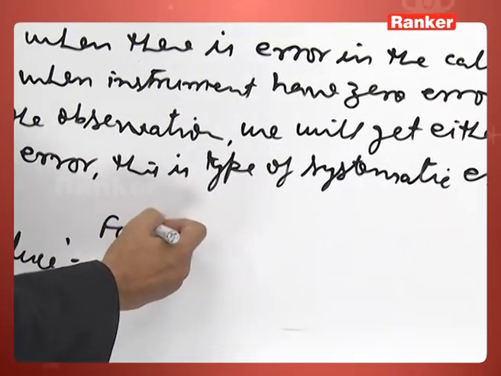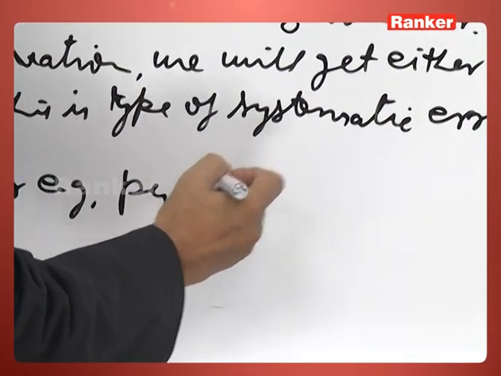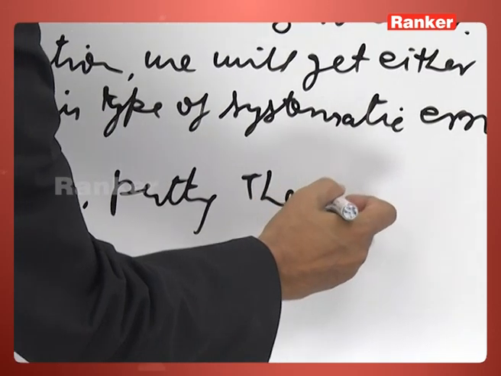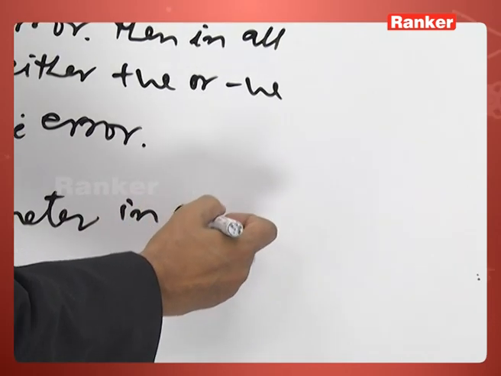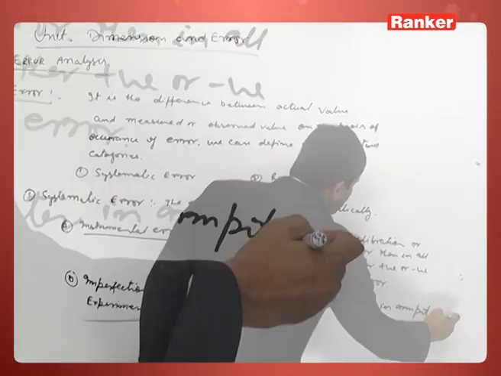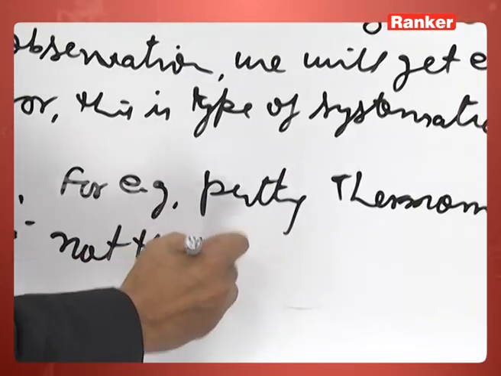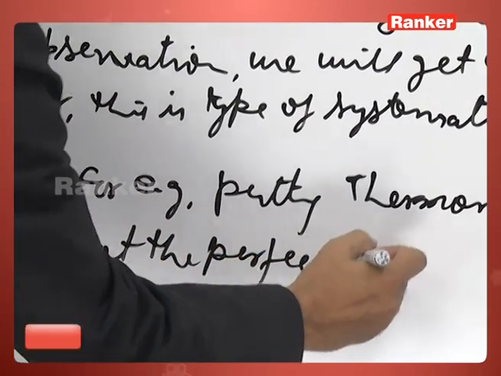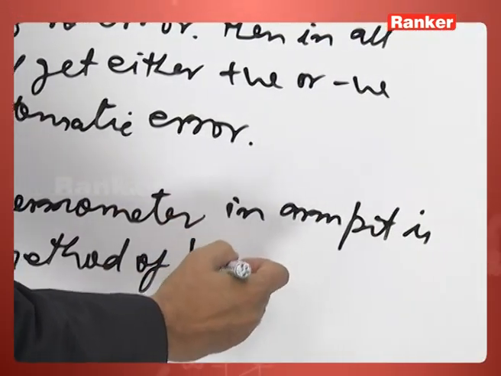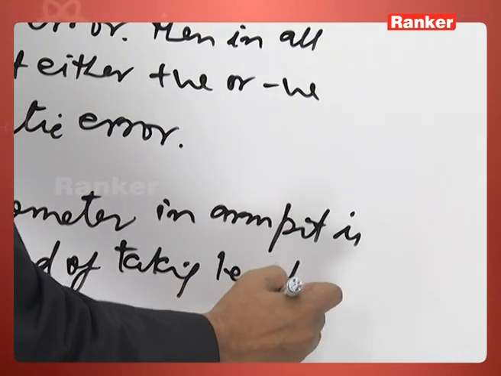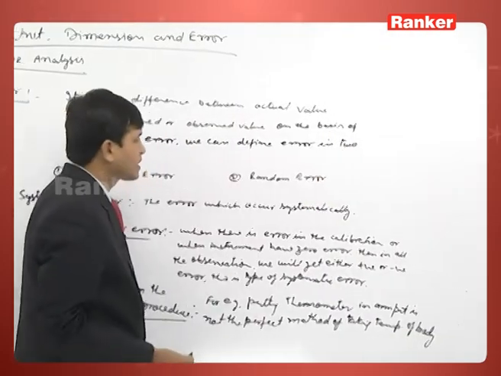So, imperfection in the experimental procedure means, for example, putting the thermometer in the armpit is not the perfect method of taking the temperature of the body.